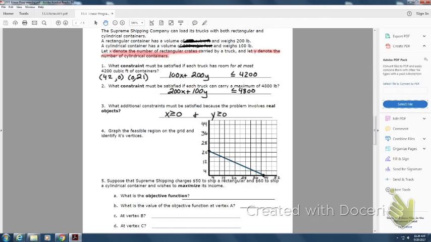Okay, so going up, getting the x and y intercepts for the next. For my x-intercept, disregard the 100y. 4,800 divided by 200 is what? 24.